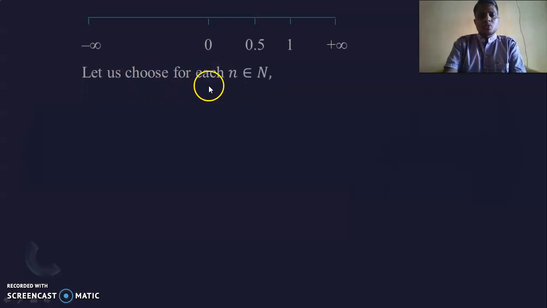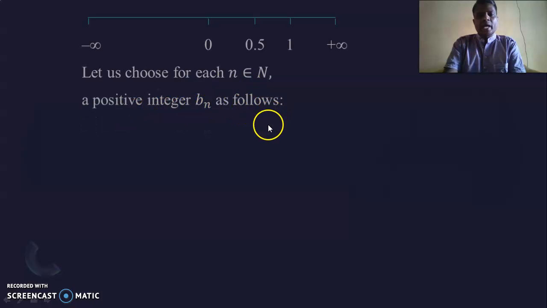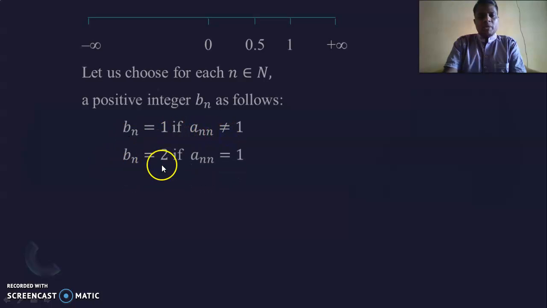Let us choose for each n in N a positive integer bn as follows. bn equals 1 if ann is not equal to 1. bn equals 2 if ann equals 1.